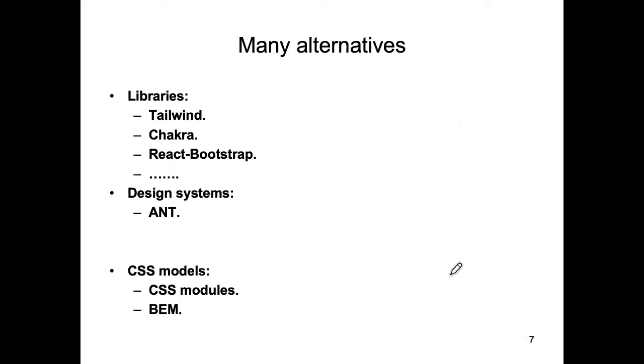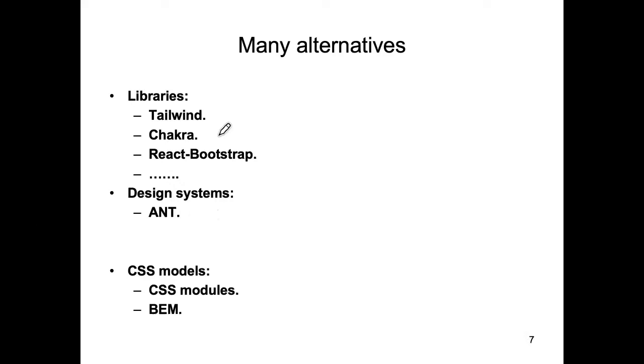Now, I could have used a number of other libraries as an alternative to MaterialUI, and I'm not suggesting that MaterialUI is the best, although it is highly regarded in the community. There are other libraries. Tailwind, for example, has become a very popular library in recent years.